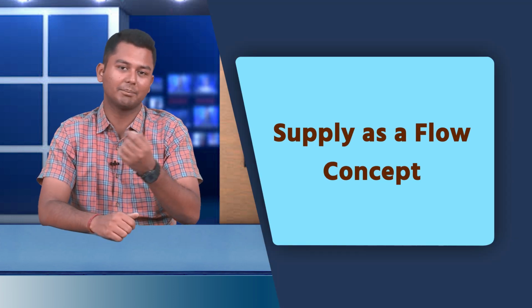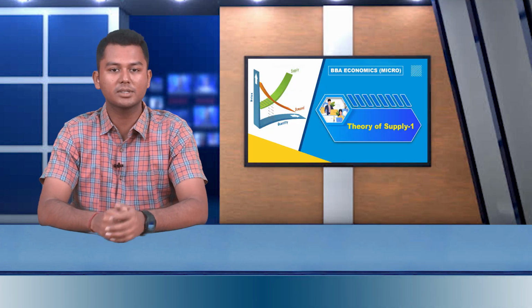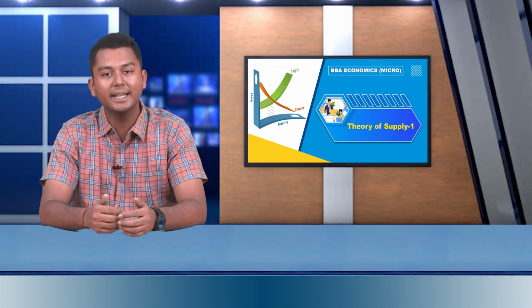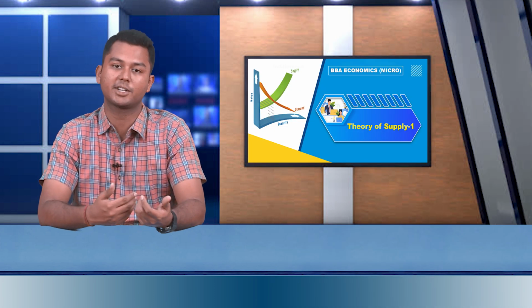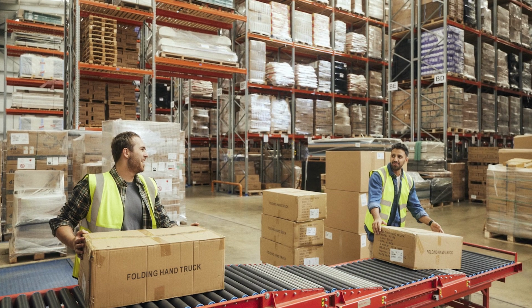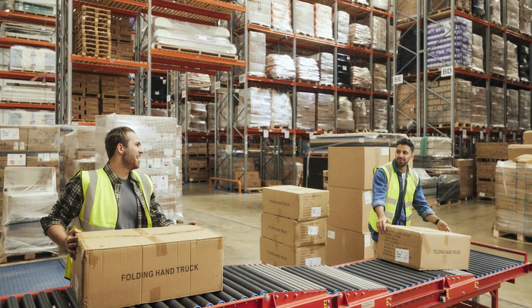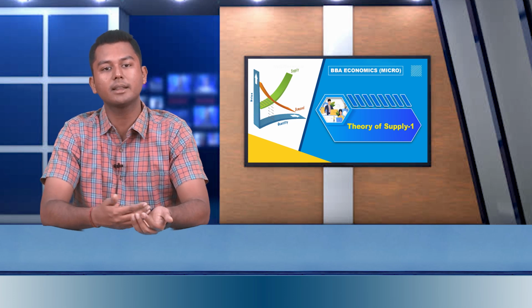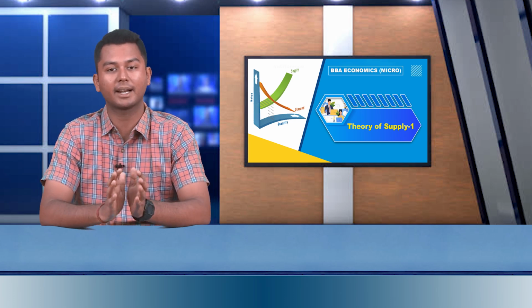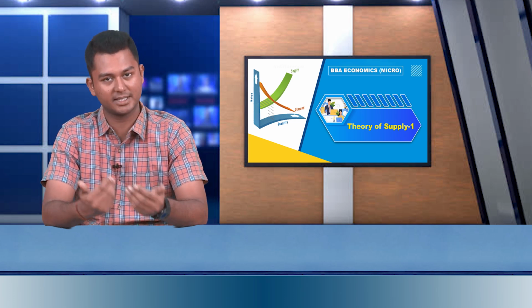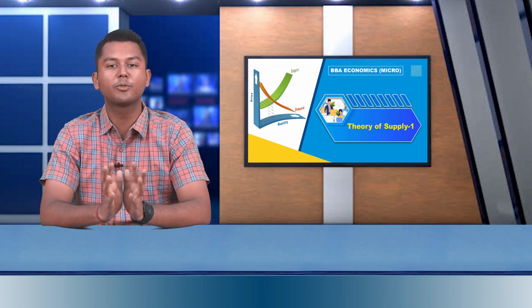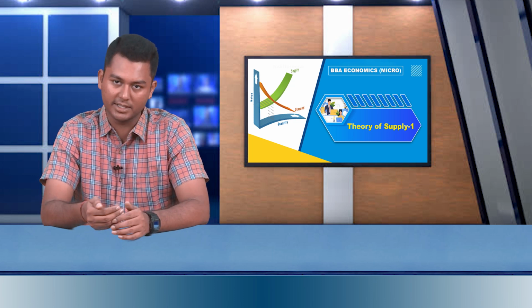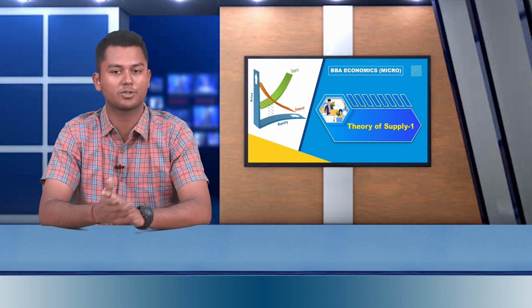Let us now look at supply as a flow concept. Supply is a flow concept, meaning it represents a rate of production or sales over time rather than a stock of goods at a particular moment. We speak of supplying 100 units per month rather than having 100 units available. This flow characteristic distinguishes supply from inventory or stock.